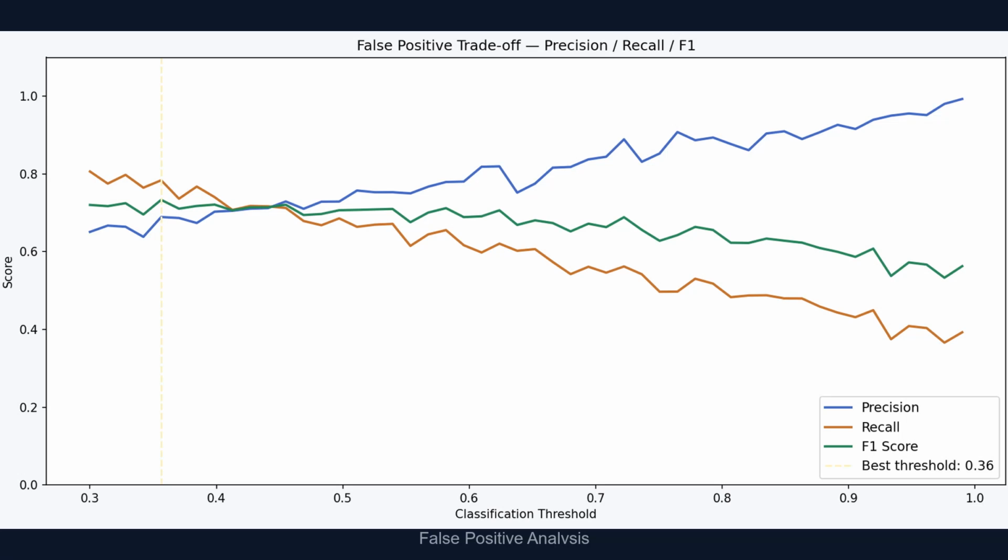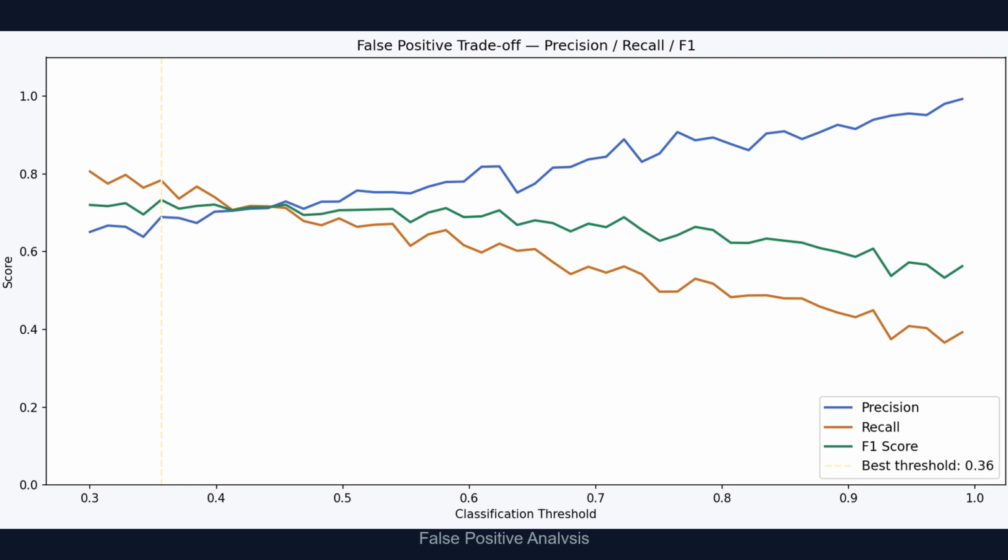The precision recall trade-off chart is one of the most practically useful outputs your evaluation pipeline produces. As the classification threshold increases, both precision and recall change, but not at the same rate. The blue precision line rises as you increase the threshold, because you're only flagging content the model is very confident about.